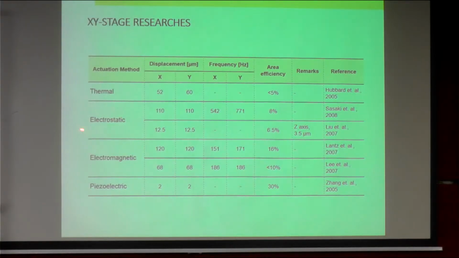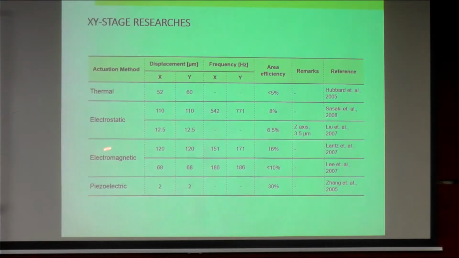And in designs using the electrostatic actuation method, a larger displacement can be met, up to 110, for example, by Sasaki, and 12.5 by Liu. But here you see that the area efficiency is low as well, with 8% and 6.5%.